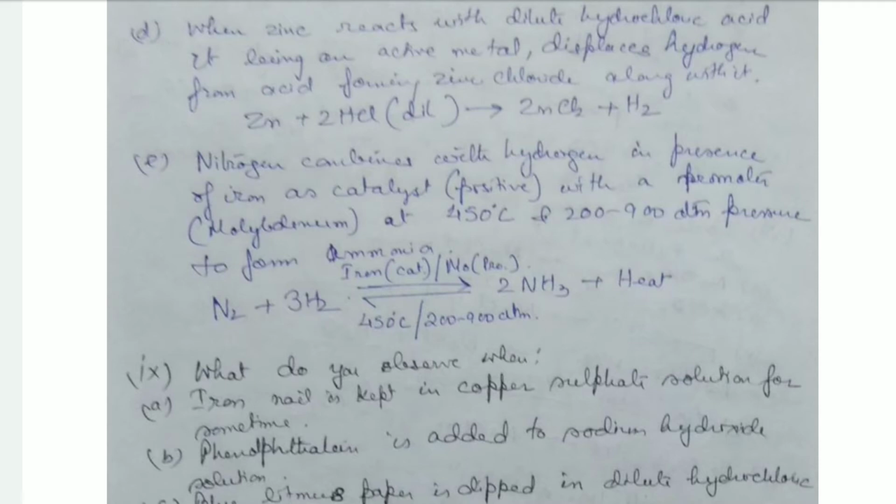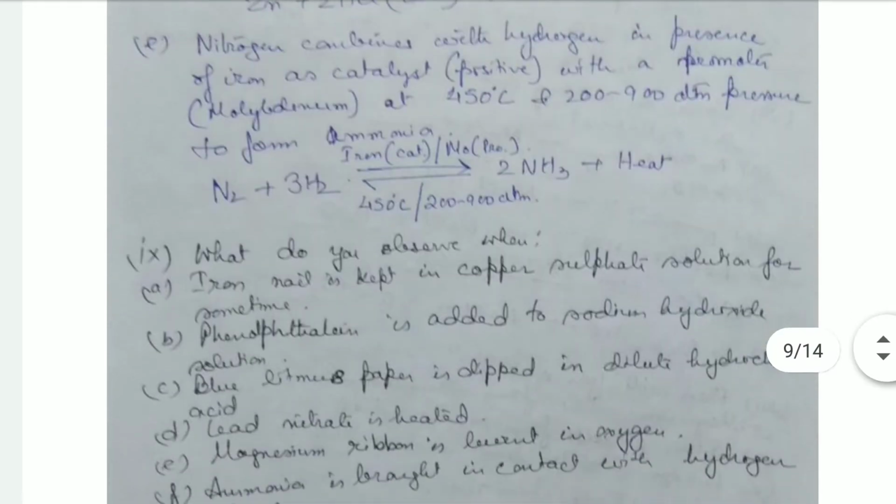So N2 combines with 3H2 to form 2NH3 plus heat is given out. That is, it's an exothermic reaction in presence of iron as a catalyst and molybdenum as a promoter with a temperature of 450 degrees centigrade, and pressure required is 200 to 900 atmospheres.